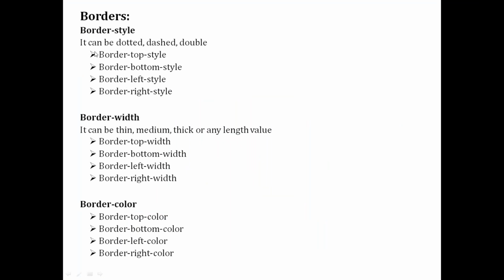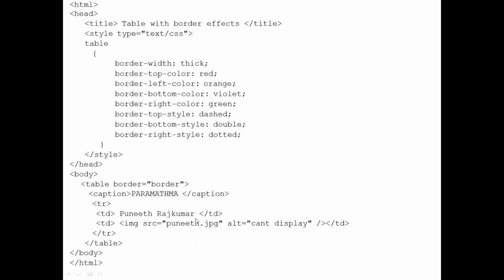In border style we have four types: border top style, border bottom style, border left style, border right style. Border width also you can give: top width, bottom width, left width, right width. Color also: top color, bottom color, left color, right color. So like this you can give.